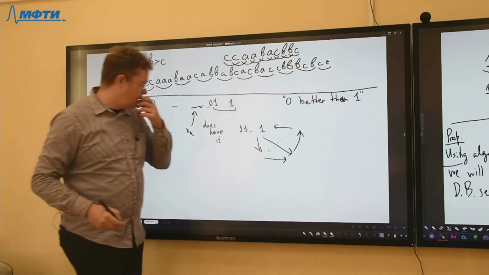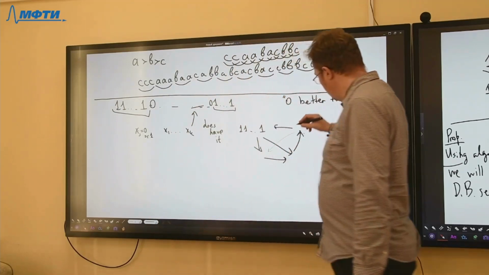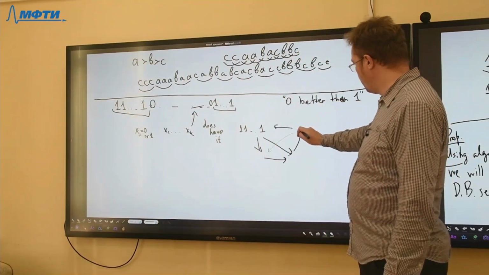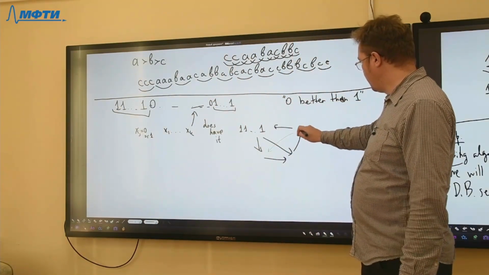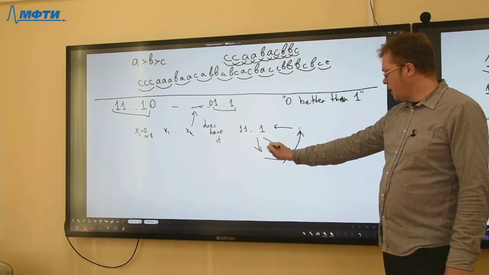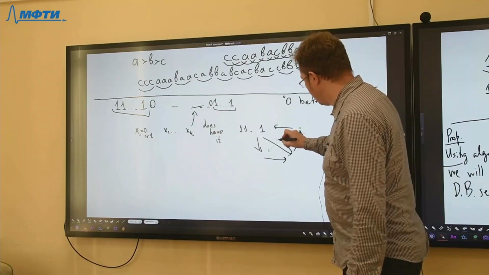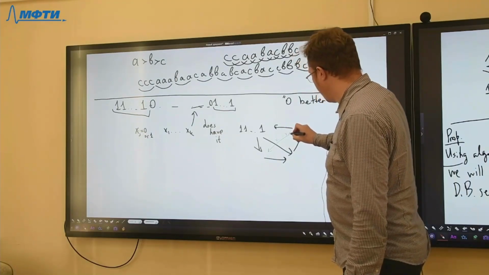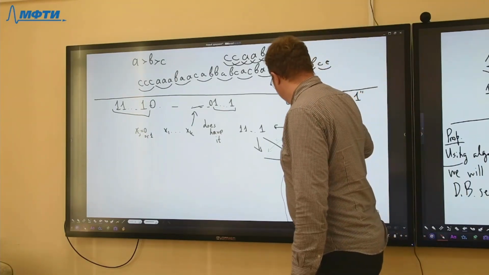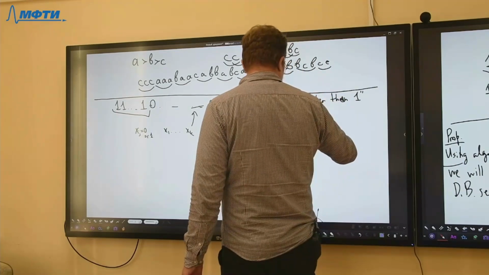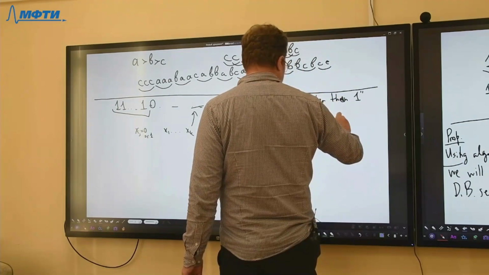But what does it mean? It means that we have some node, and we have some edge going out of this node, which we do not pass. So we have here x1, etc., xk. And this vertex must be x1, xk minus 1.